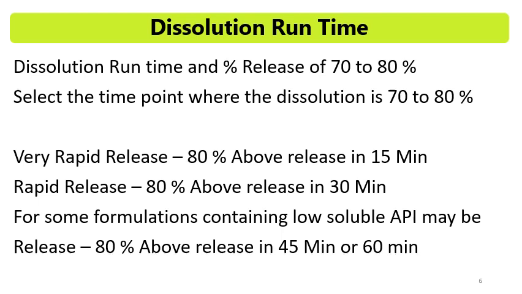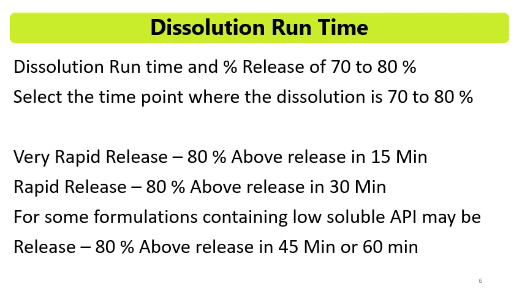But generally try to achieve the complete release and always try to have the release of 80% by changing some parameters, like change the media volume sometimes if required for the insoluble molecules, change the surfactant concentration, or change the RPM, and try to get that release so that your specification can be set with Q point of 70 to 80%.